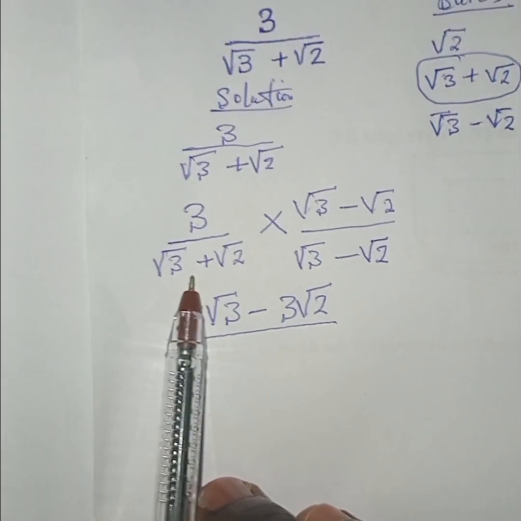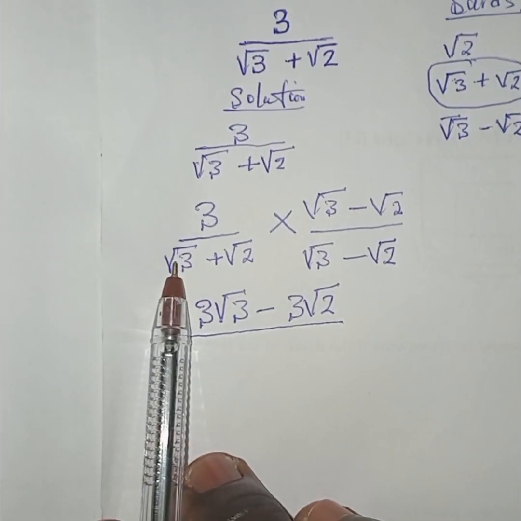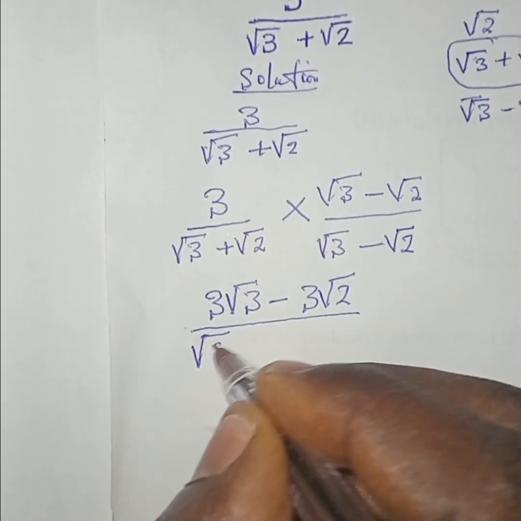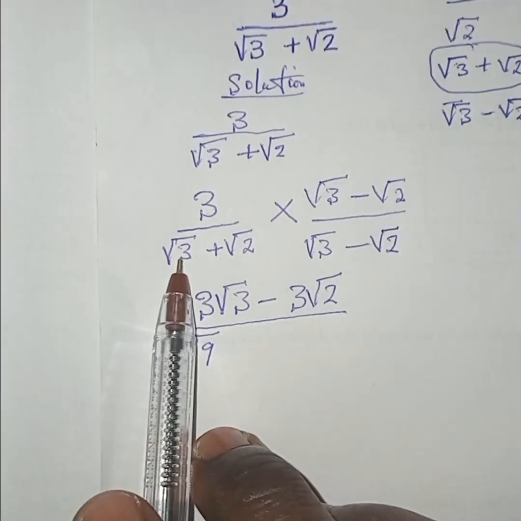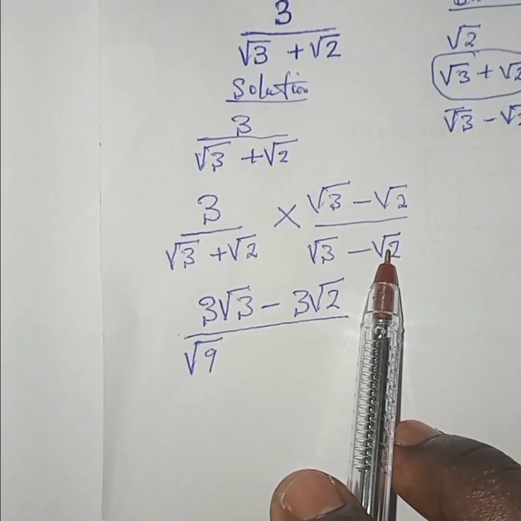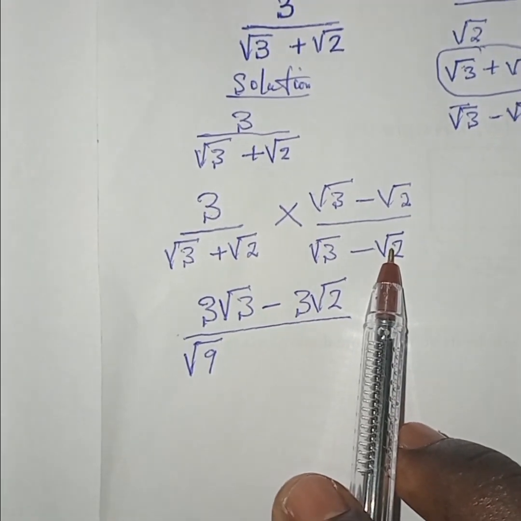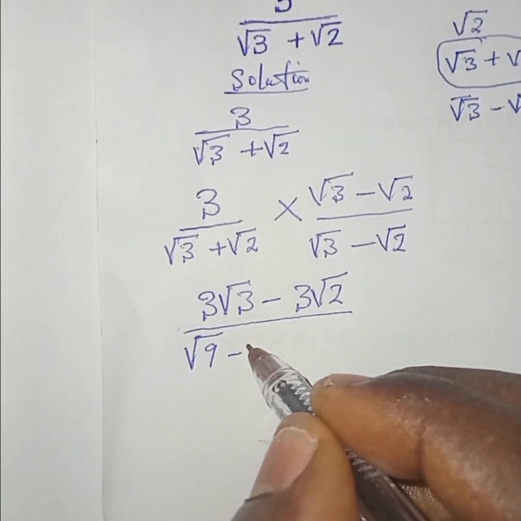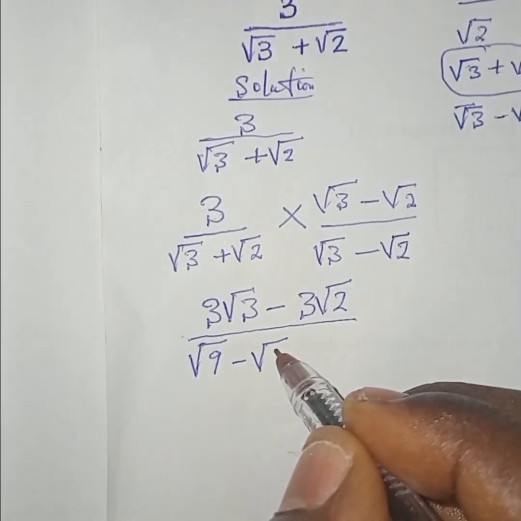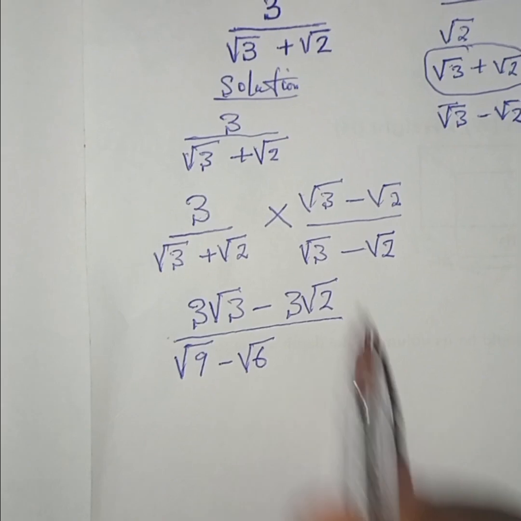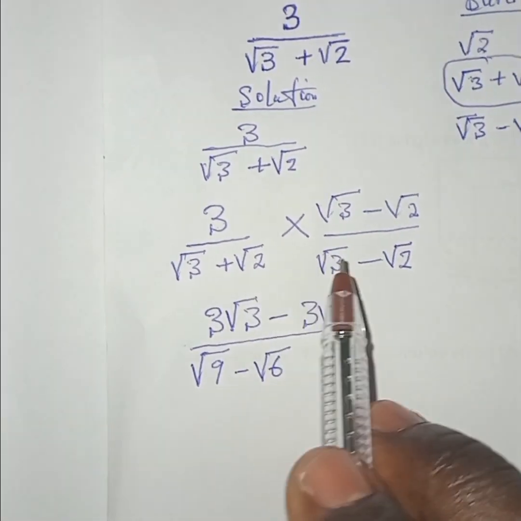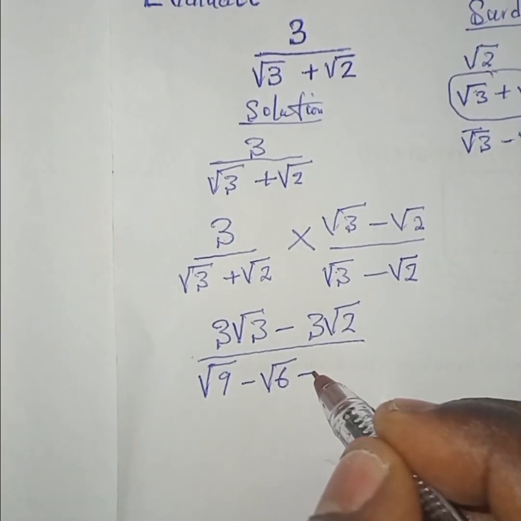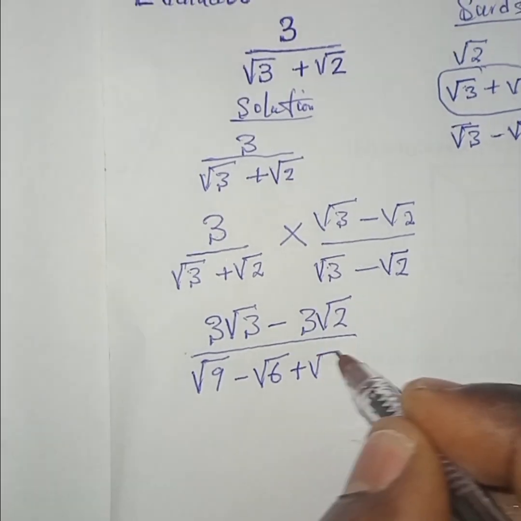Now the denominator. Square root of 3 multiplied by square root of 3 will give you square root of 9. Square root of 3 multiplied by minus square root of 2 gives you minus square root of 6. Plus square root of 2 multiplied by square root of 3 gives you plus square root of 6.